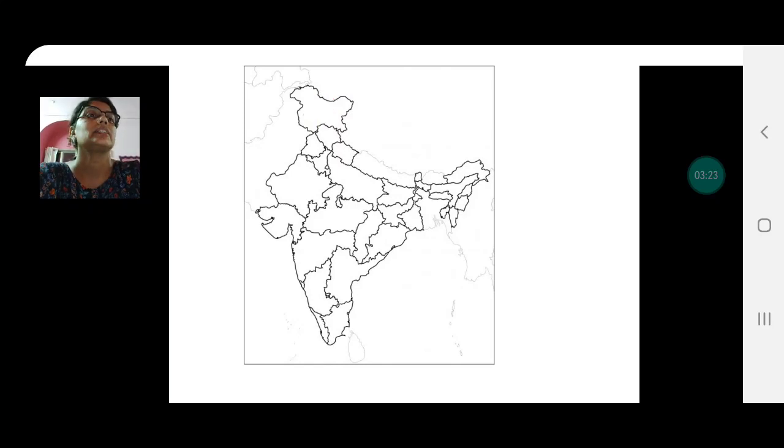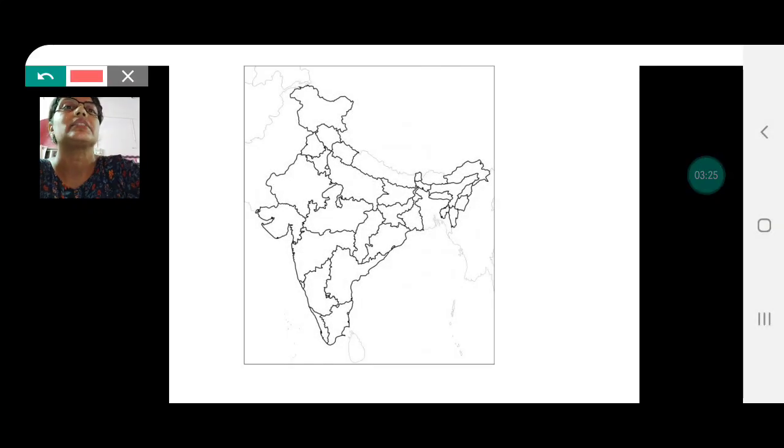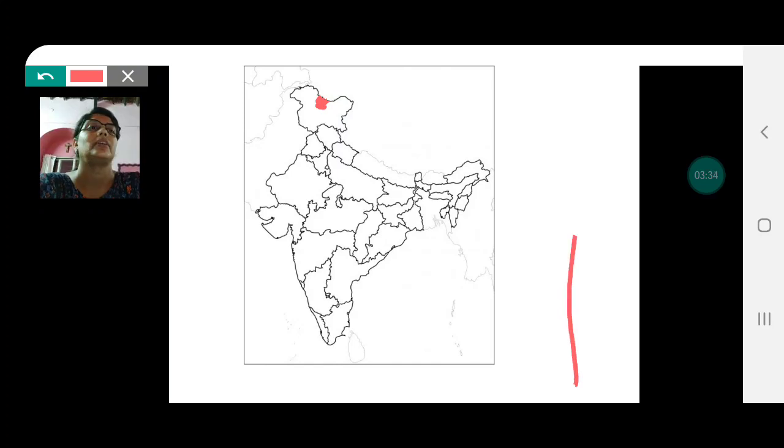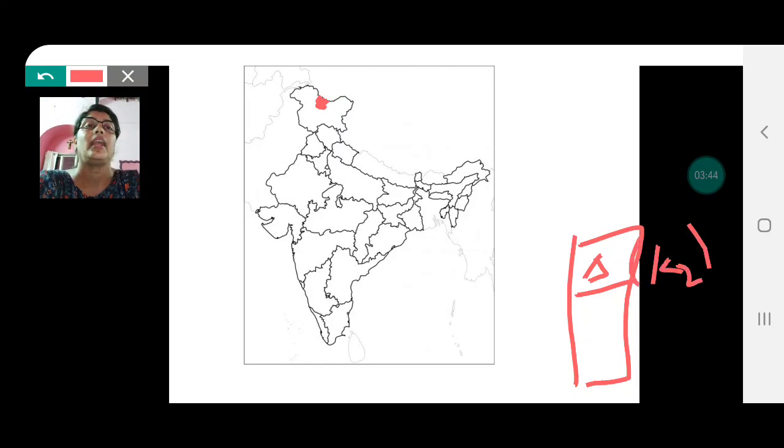I'll try once again if I can get to the right place. Yes. You can make a little triangle there, and in the index I will definitely show a triangle, and write highest peak in India. I will not write K2. K2 I will write in the bracket, because if they ask K2, fine, but if they say highest peak, then I have to show only the highest peak.